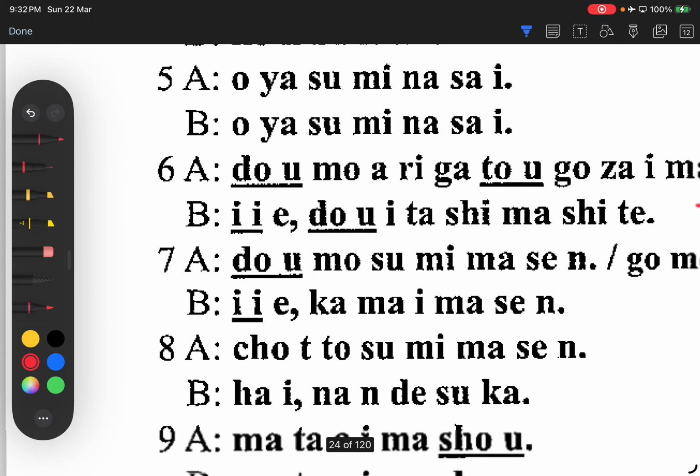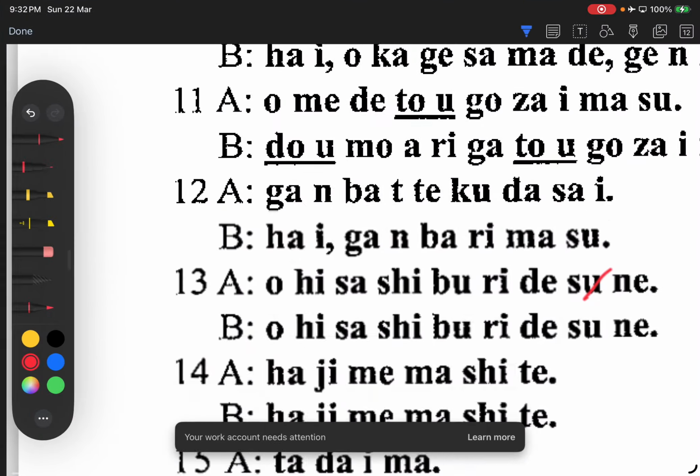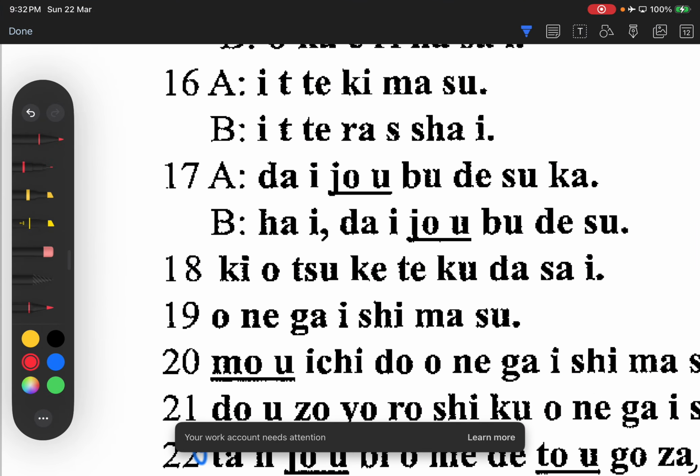So can you guess which one? Ki, o, tsukemas. Right? So number 18. Number 18, the O is using the WO character. So they're not using the normal O character. Other than that, the rest should follow the usual O character.